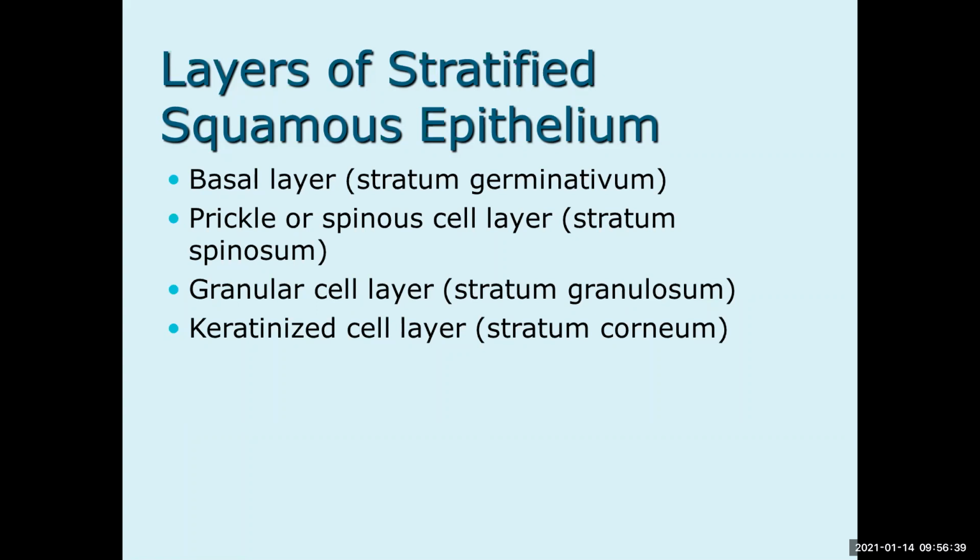And then the keratinized cell layer, and it's got that corneum, that corn husk. It's hard. So the basal layer is the germ layer, then you've got your spinosum layer or prickle cell, then your granular, and then your keratinized.